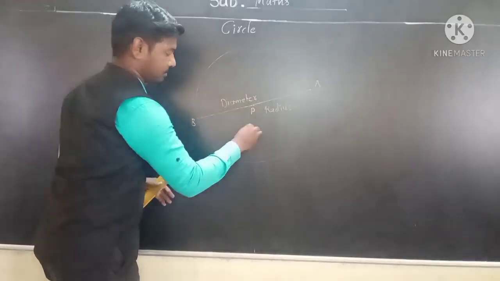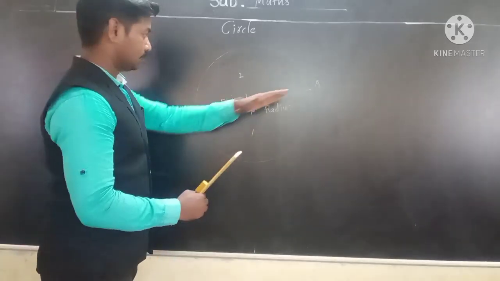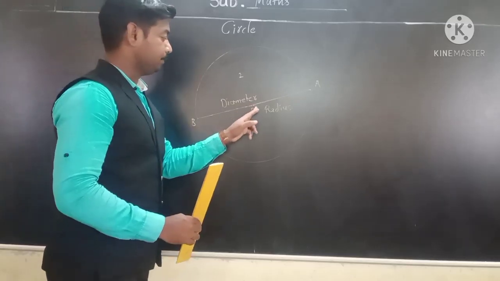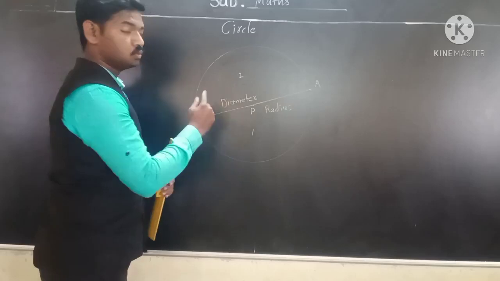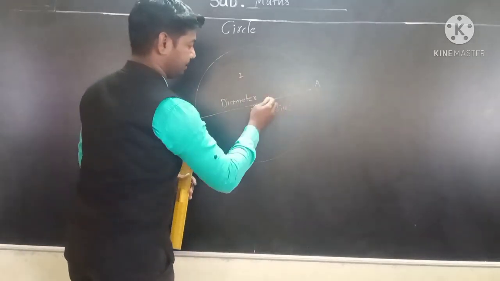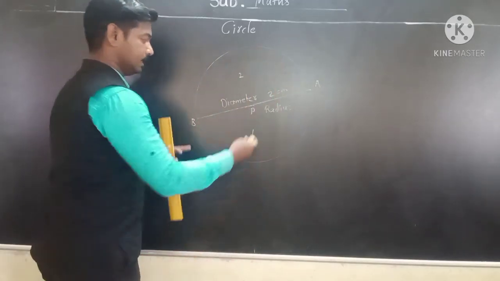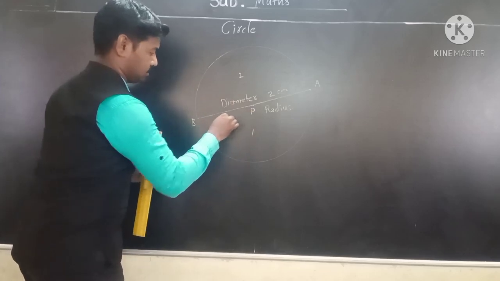That AB divides the circle into two equal parts. You will see the part 1 and part 2. Okay, that AB which passes through the point P divides the circle into two equal parts. Okay. So if AP is 2 centimeters, then PB is also 2 centimeters.